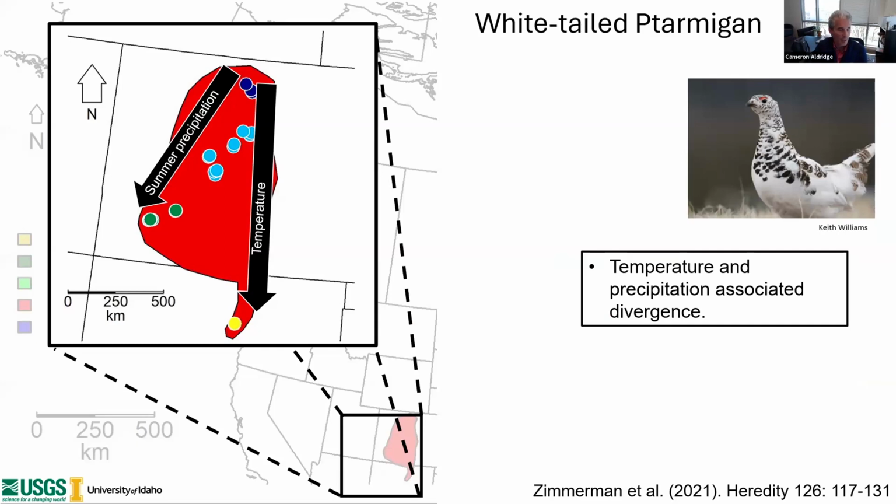As climate continues to warm and alpine habitat is expected to be warmer and wetter, being more rain as opposed to snowier, there's some concern over how birds are going to be able to adapt. So understanding where there's genetic variation associated with these local environmental conditions and considering what environment they're in may help us predict parts of the range that might be more likely to persist into the future given continued climate change, or areas where the distribution is likely to shift.